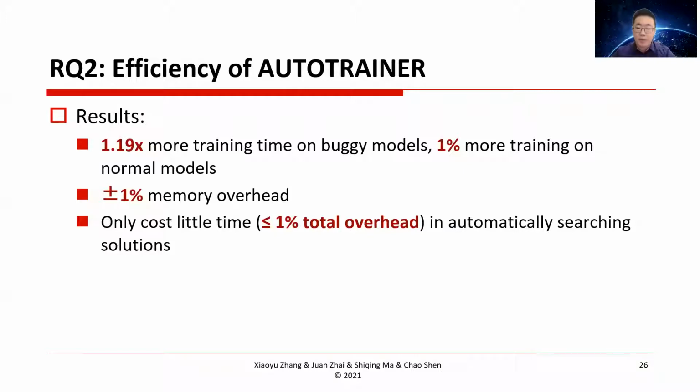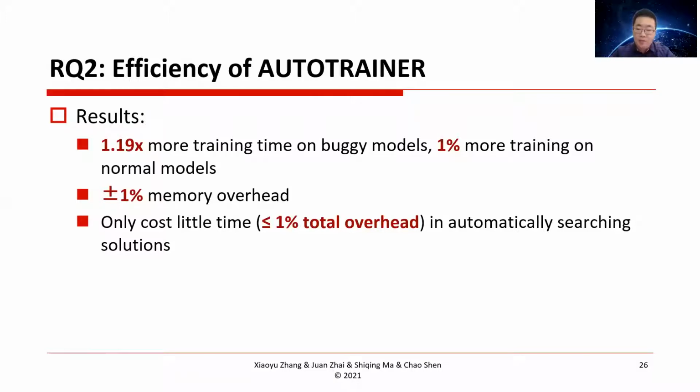For the buggy model, AutoTrainer takes 1.19 times more training time on average and very limited memory overhead. Notice that most of this time overhead is used to retrain the model. The Solution Scheduler only uses less than 1% of the total time overhead.